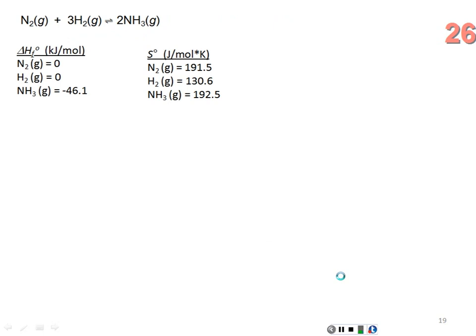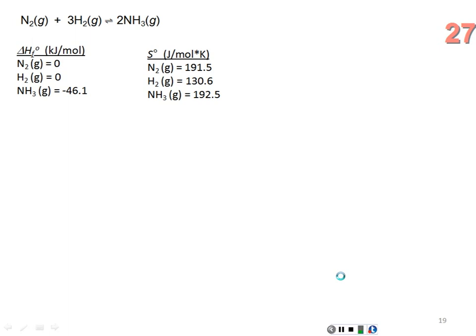If we just think in our heads first, what sign of delta H and what sign of delta S do we expect for this reaction? You have 4 moles of gas of the reactants, and they go to 2 moles of gas of the products.